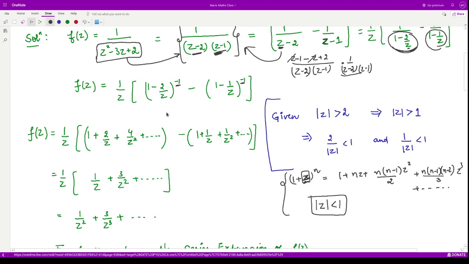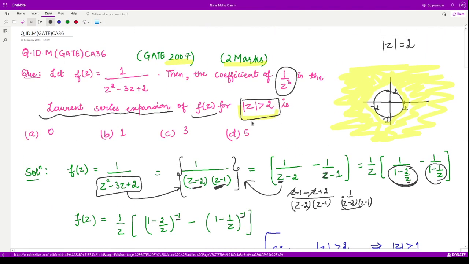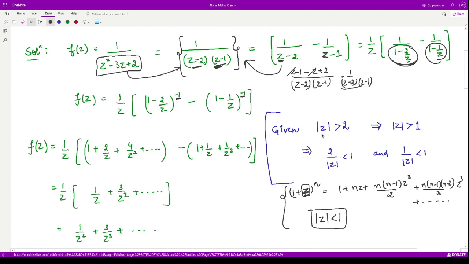Our given region in the question is modulus of z greater than 2. Obviously if the modulus is greater than 2, then it would also be greater than 1. So this follows from that. Now if modulus of z is greater than 2, you can divide by modulus of z on both sides, so you will have 2 by modulus of z less than 1.